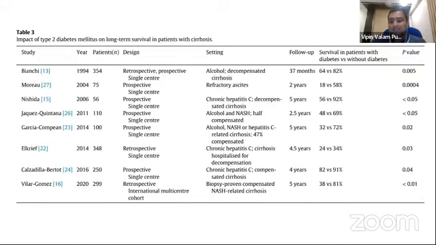This slide shows how much effect diabetes has on the mortality or survival of patients with cirrhosis. You can see a huge difference in survival percentage between patients with and without diabetes mellitus. All these p-values are significant. So poorly managed diabetes in a patient with liver disease adds to the mortality as well.